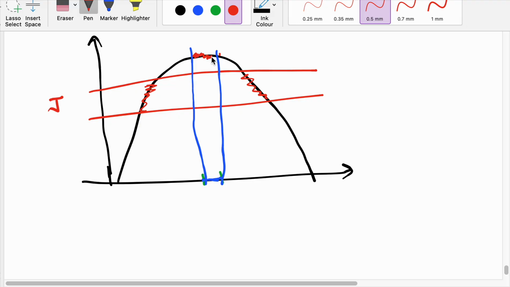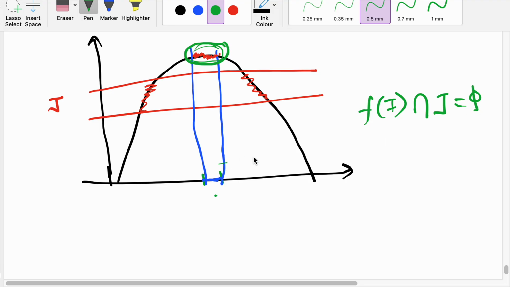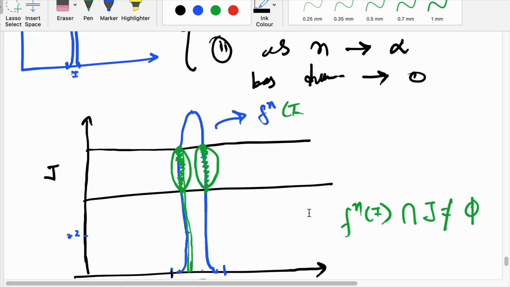These parts do not intersect, this part does not remain in this interval J. So this f of I intersect J, since inside J there is no point of f of I, only points outside J, is equal to empty set. So if the spike lemma was not there, we cannot prove this transitivity.